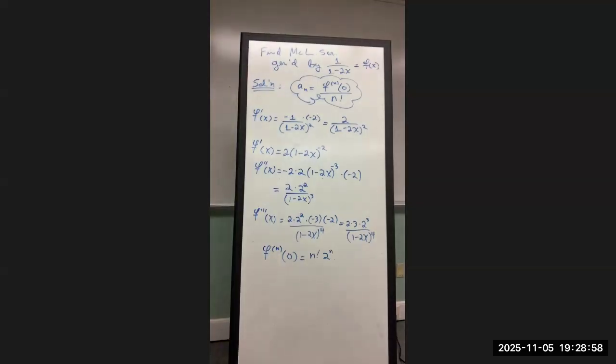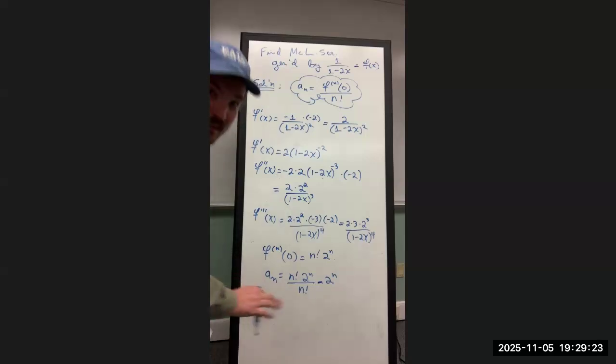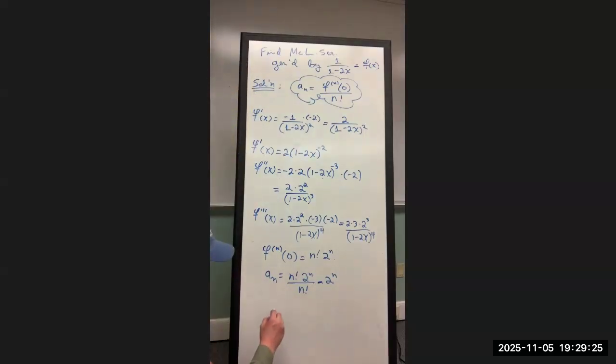Now we find the general coefficient, a sub n, and that will be n factorial 2 to the n all over n factorial. And so what do we get? We just get 2 to the n. So now we can write down the general Maclaurin series for this thing. What is our general Maclaurin series?